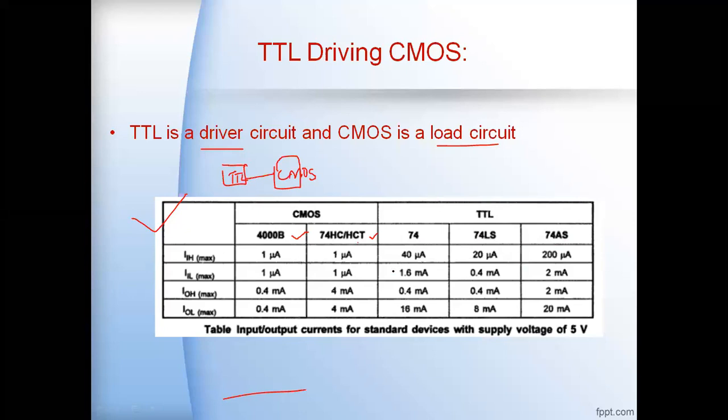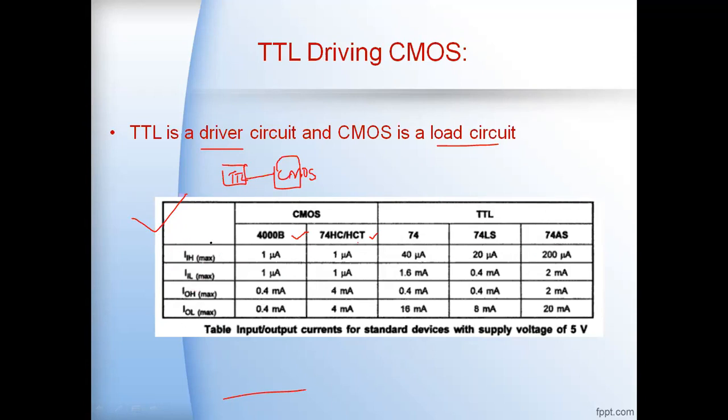So now consider this table, and this table is representing the current parameters here. So what are the current parameters? The IIH, IIL, IOH and IOL, and all these are the maximum rated current values.